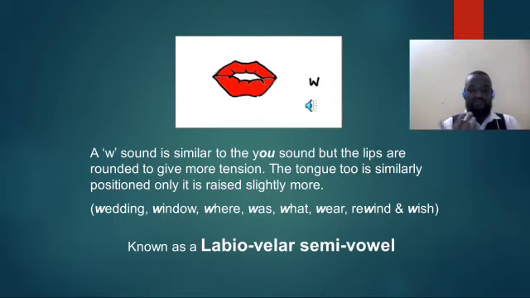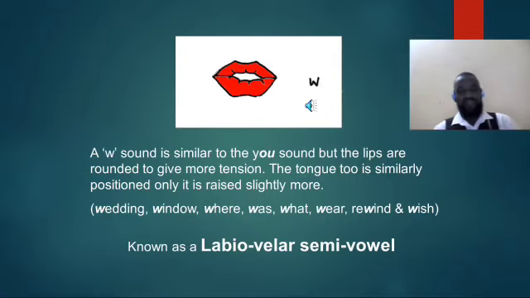If we practice it, our tongue rises slightly more. The W sound is similar to the oo sound, but the lips differ.